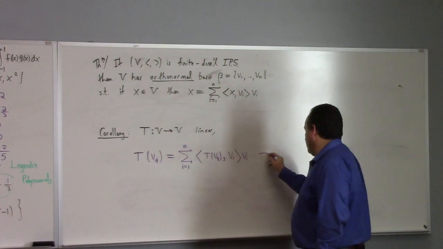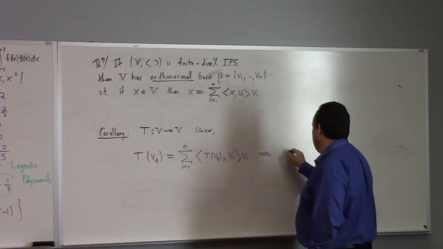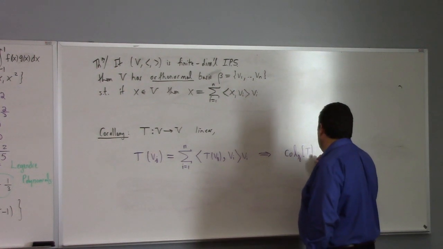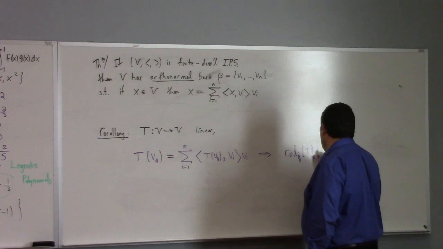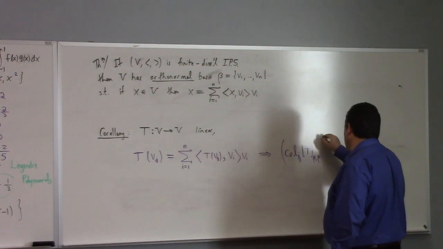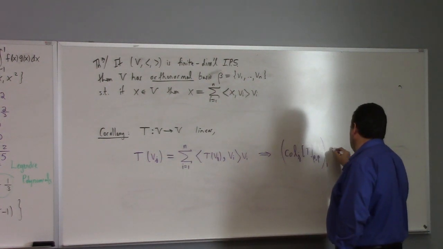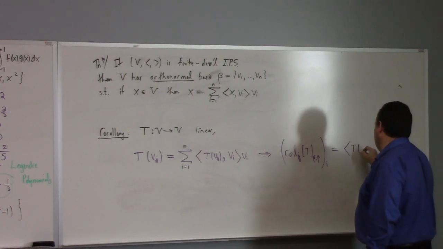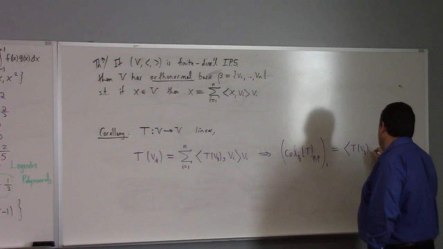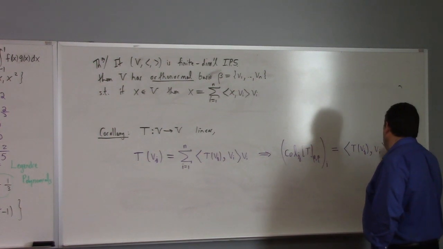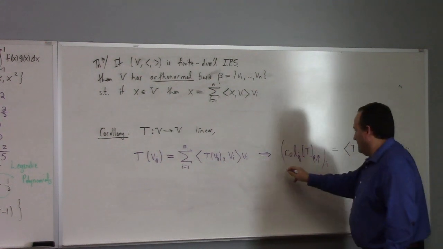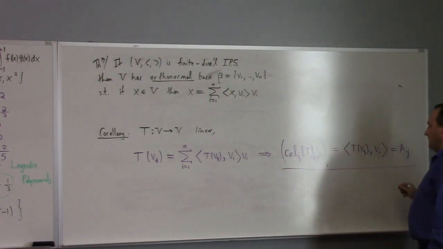But what does this tell me? This tells me that if I look at the jth column of the T beta beta matrix, using my notation, not the book's, of course, and if I look at the ith component of that, what is it? Well, it's exactly the inner product of T of Vj with Vi. So that's how I can calculate Aij for the matrix.